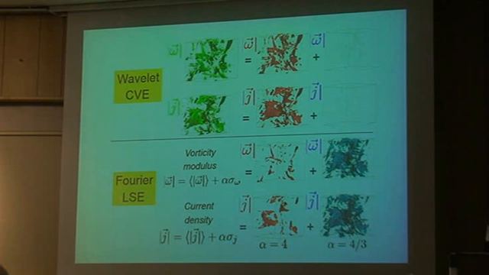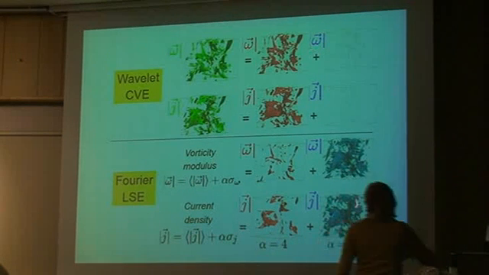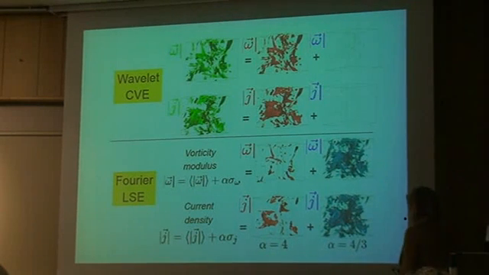Now if you do with the same compression rate, the same number of modes retained, large scale versus small scale, you cannot say it's incoherent here, it's very organized. That's for the vorticity modulus and also for the current density. And we did exactly the same, the visualization is made with the same scale. What does it mean?